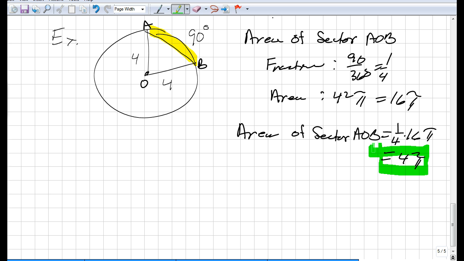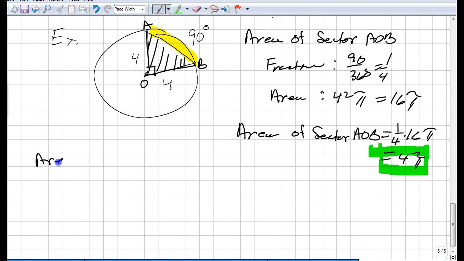Then that's too much area because that includes everything. So then what I need to do is find the area of this triangle. That triangle happens to be a right triangle because we know this is a central angle, it has 90 degrees. And so this is the height and this is the base.